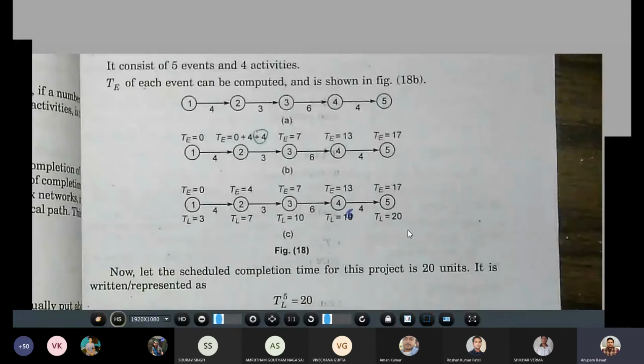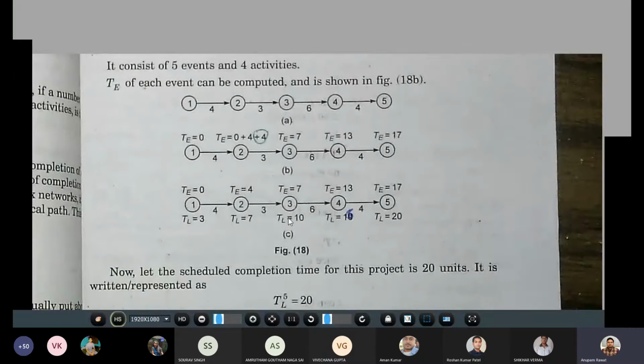But if we plan our project for 20 days, then the TL can be scheduled like this. We will do this in reverse order. So TL is 20. For event 4, it will be 20 minus 4, that is 16. Then 16 minus 6, the TL is 10.